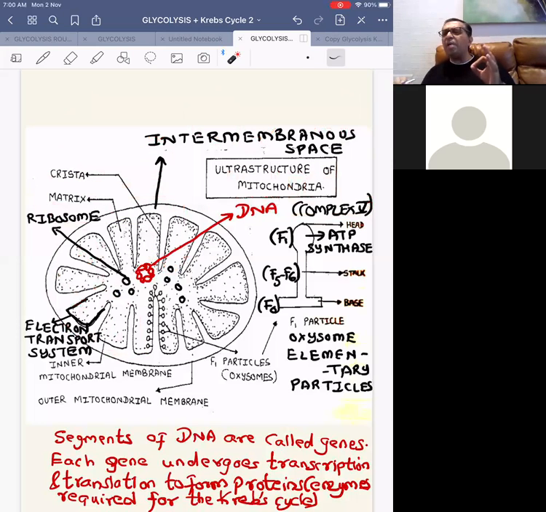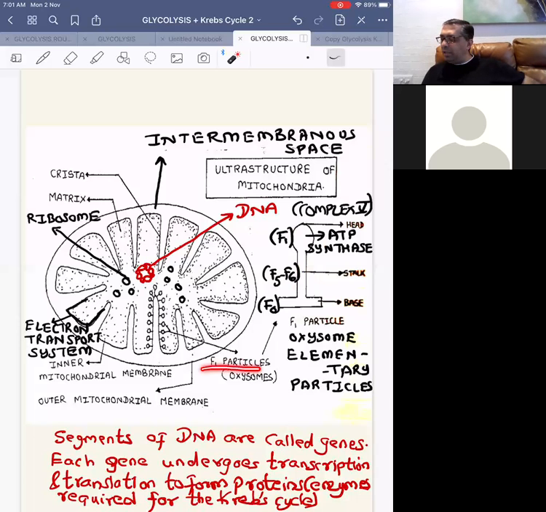And very beautiful words. The inner membrane is thrown into finger-like projections called cristae. Cristae have over them small round particles which are called F1 particles. तो ये है cristae, उनके ऊपर you have small rounded particles which are called F1 particles.